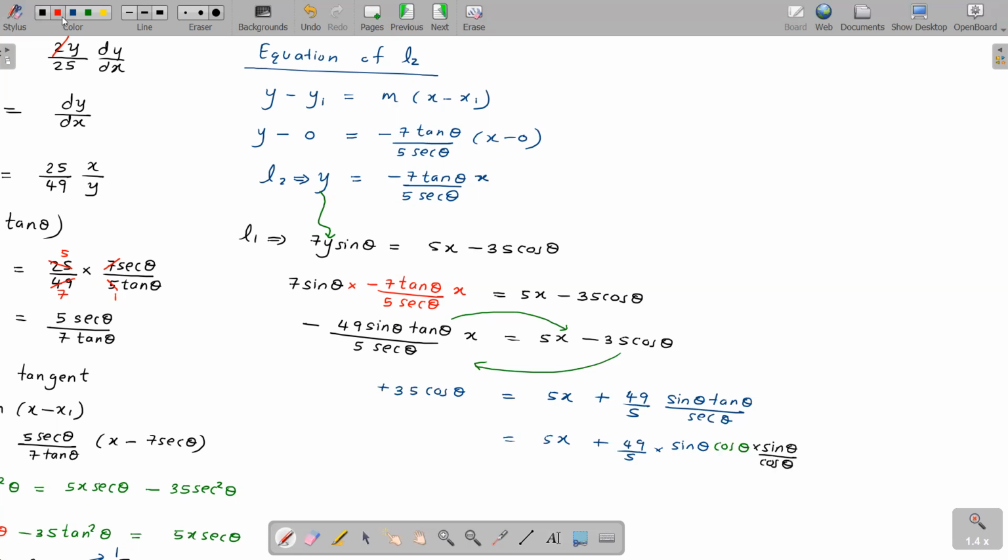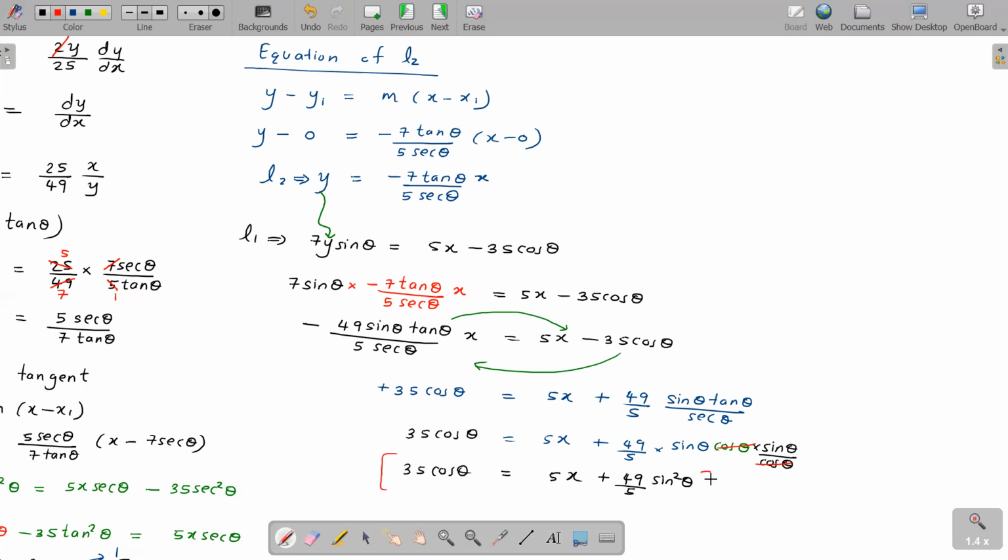So then cos will actually cancel out. And this side you have 35 cos theta. So I have here 35 cos theta equals 5x plus 49 over 5 sine square theta times x, because there's a over 5.